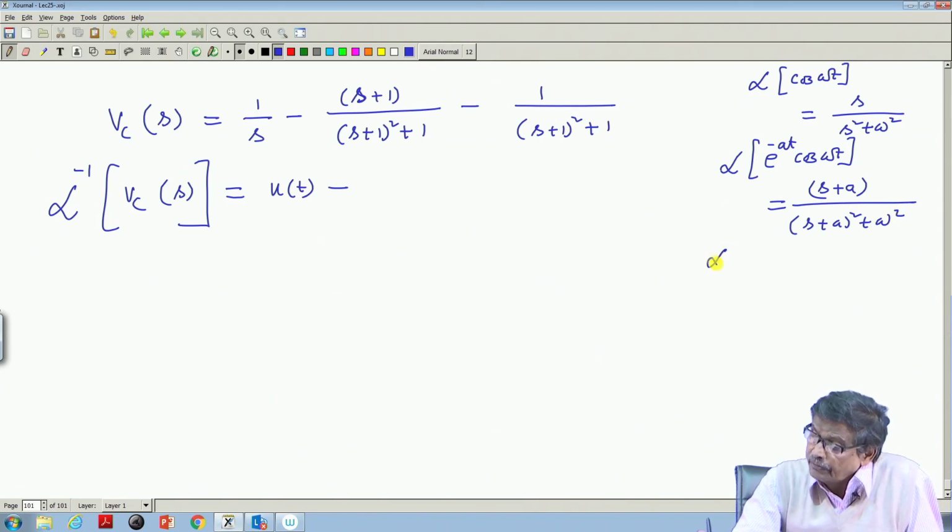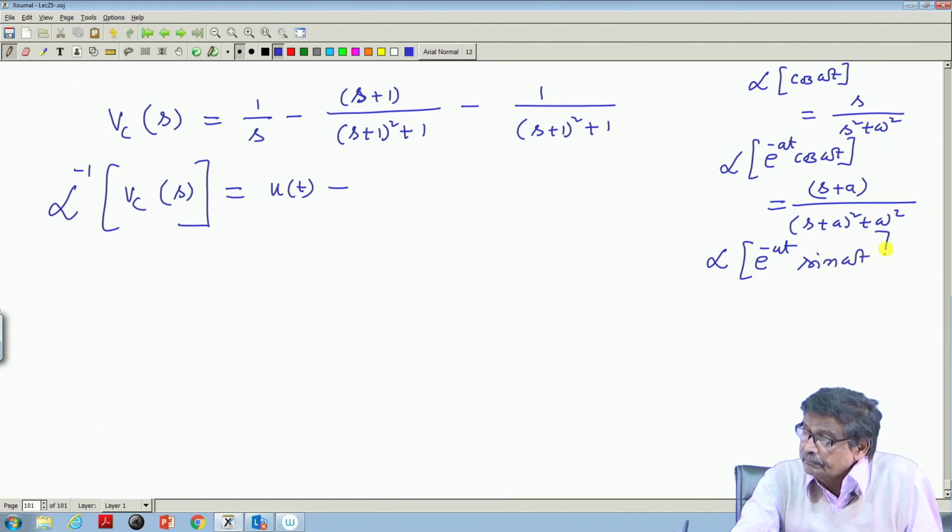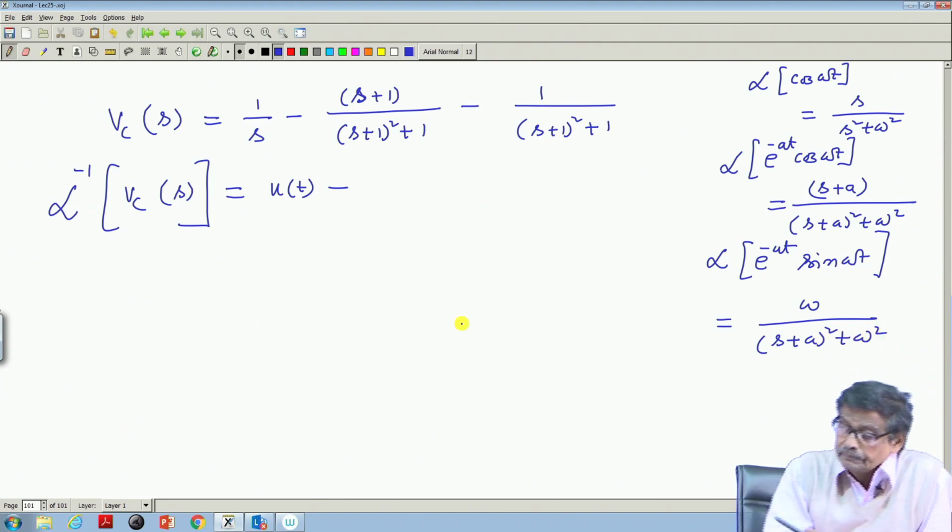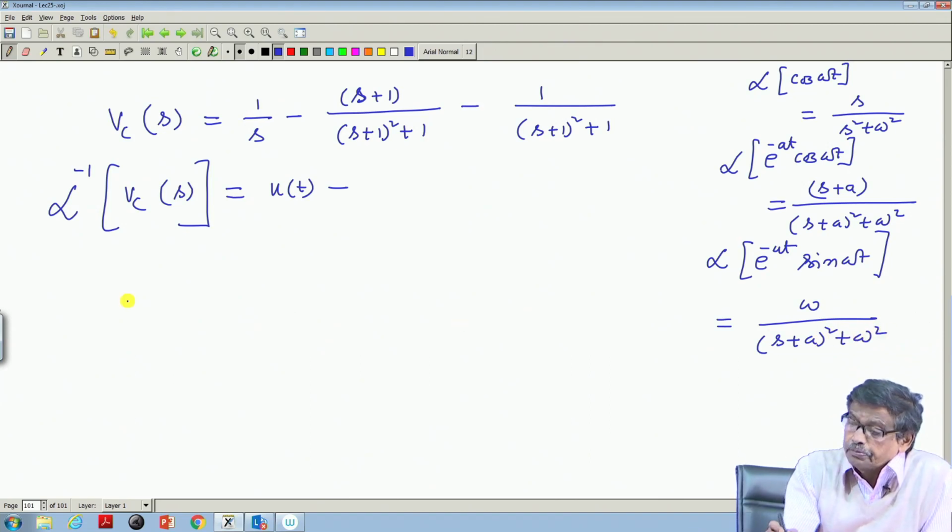Similarly, Laplace transform of e to the power minus a t sin omega t is equal to omega by S plus A whole square plus omega square. So, look at these two expressions.